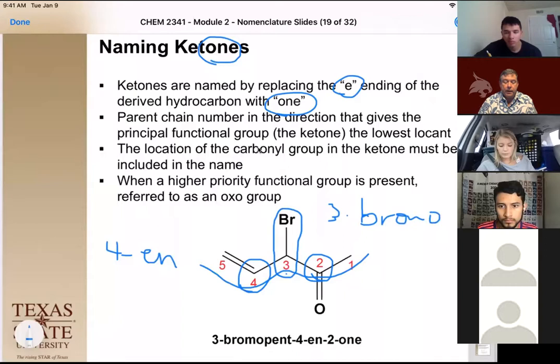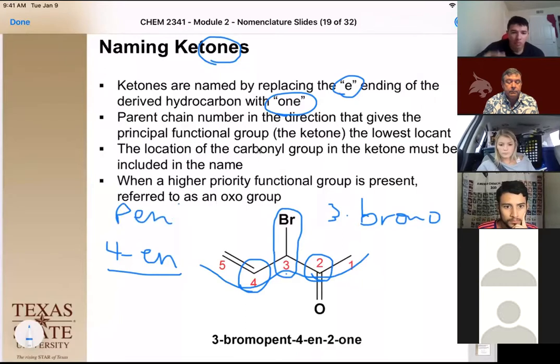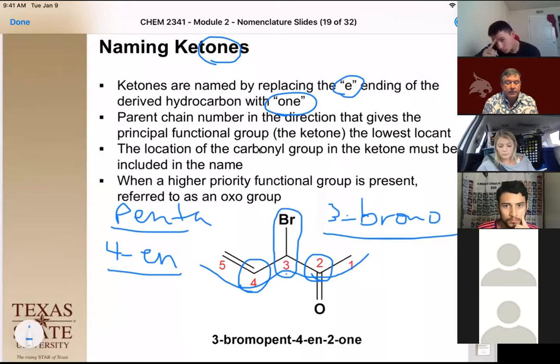Okay, so let's see. The ene is telling us the nature of the carbon, which means it's an infix. So we have to put it right after the number of carbons in the parent chain. We have a total of 5 carbons in our parent chain, so that's pent right there. And so our name becomes 3-bromopent-4-ene-2-one.